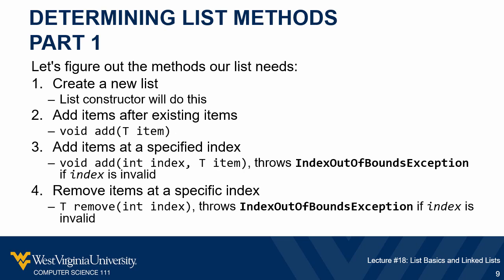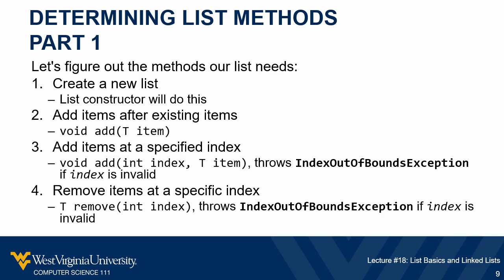For all of our methods that take an index as a parameter, they're going to throw an index out of bounds exception if an invalid index is specified when calling the method. Any index that is less than 0 is going to be invalid for all of the methods. For the add method, the allowed range of indexes is going to be 0 through size, because size is going to be equal to the highest existing index plus 1, because we don't want to allow gaps in our index numbers when we add new things.